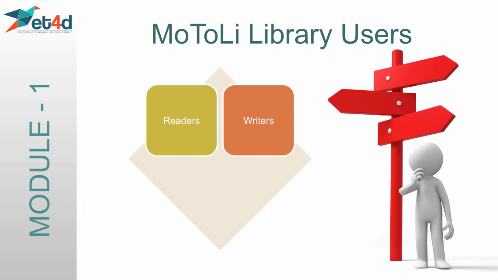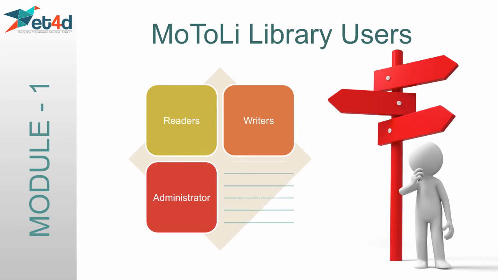A guide for writers who want to create stories. 3. A guide for a digital library administrator who wants to create a repository of books for a community. And 4. A guide for a developer who wants to set up MoToLi Library for a new language.